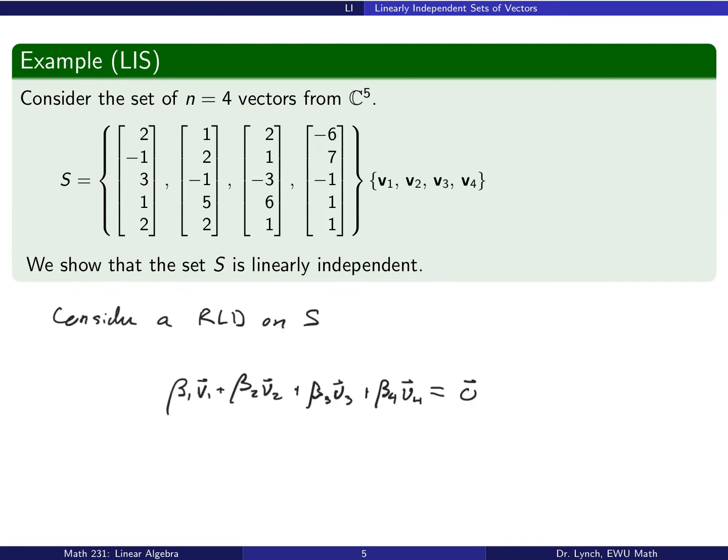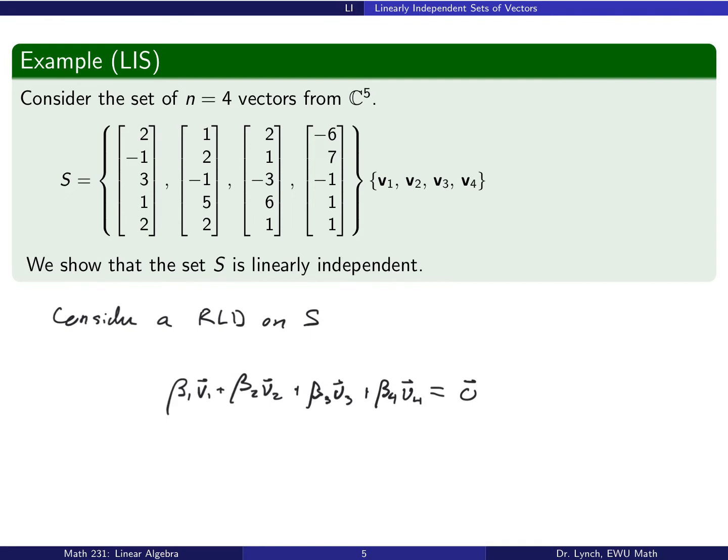I've used betas here: beta 1 v1 plus beta 2 v2 plus beta 3 v3 plus beta 4 v4 equal to 0. Of course, addressing the question of whether a vector is a linear combination of others requires us to consider a linear system.